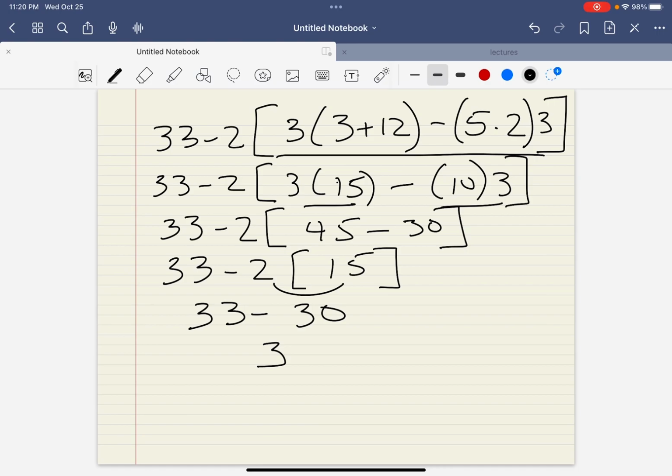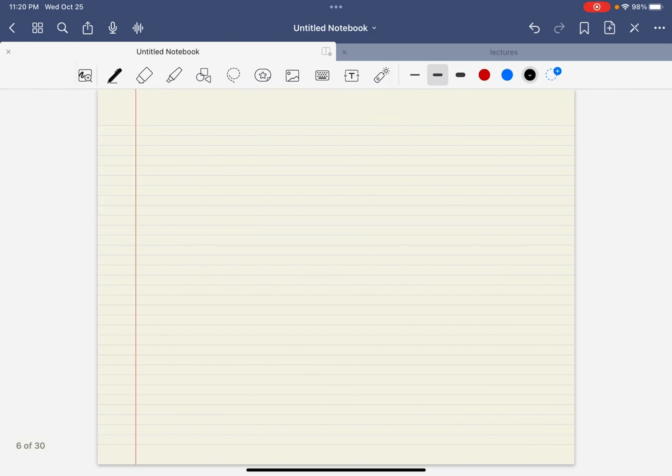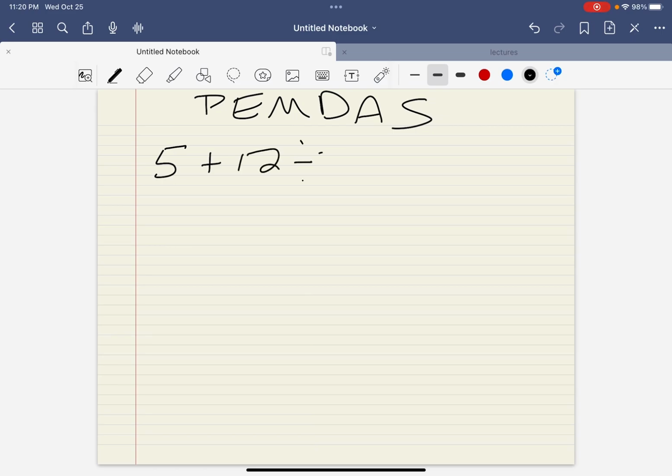Okay, next one. Not so many parentheses, just depending on you using this again. 5 plus 12 divided by 2 plus 3 times 4 minus 2 parentheses 5 minus 2.